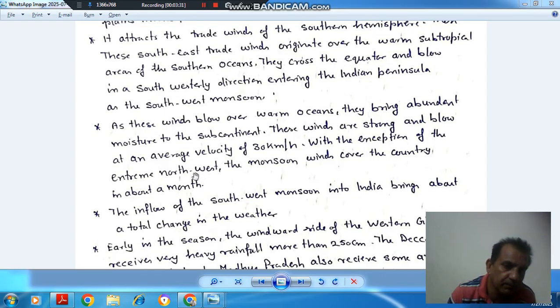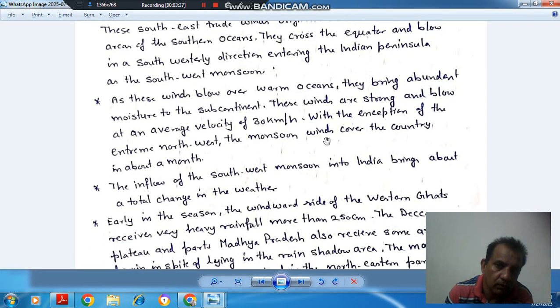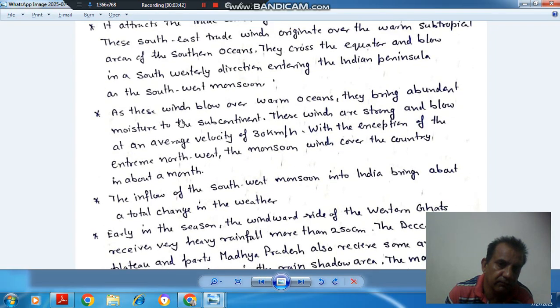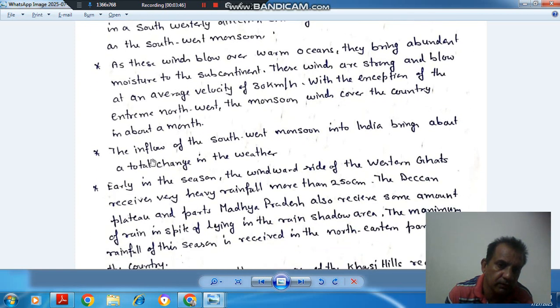Northwest part means Haryana, Punjab, Rajasthan. These parts are not covered within a month. The rest of the country is covered within a month due to the southwest monsoon.